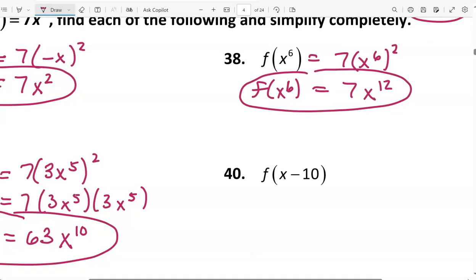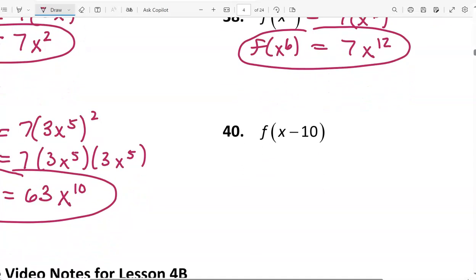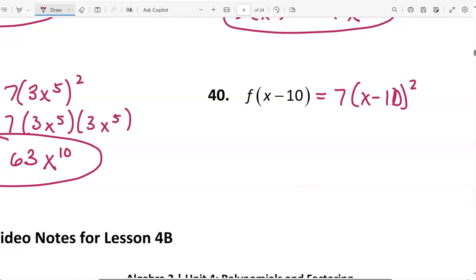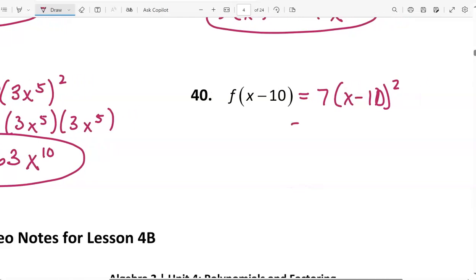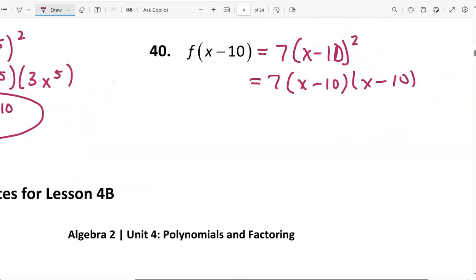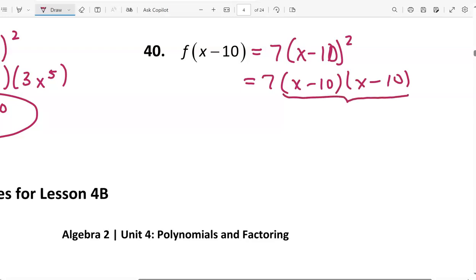And for number 40, f of x minus 10 is 7 times x minus 10 squared. Remember, there is no distributive property for exponents over subtraction, so this has to be treated as x minus 10 times x minus 10. And it might be easiest to multiply these two factors together first, although you can multiply in any order.